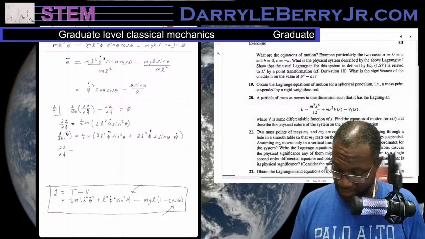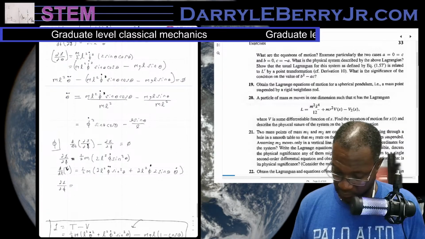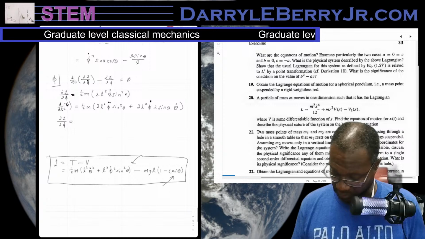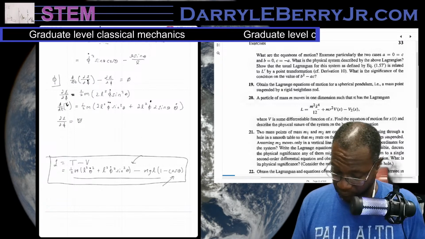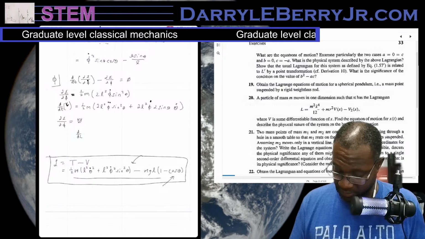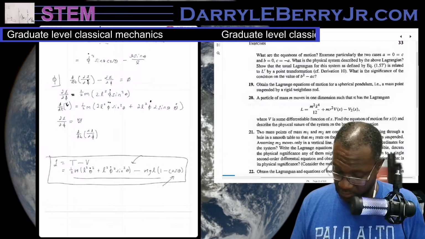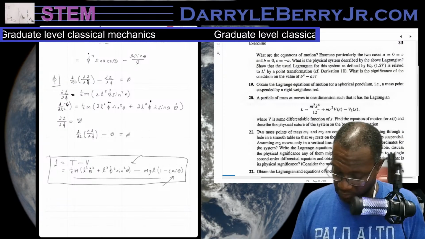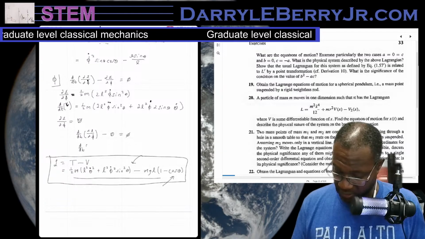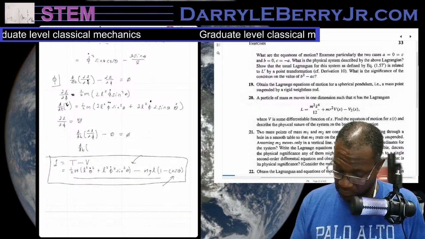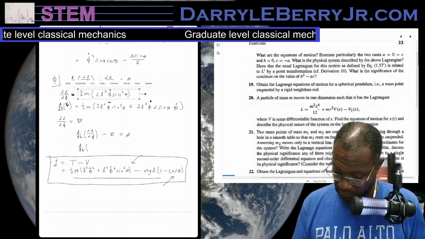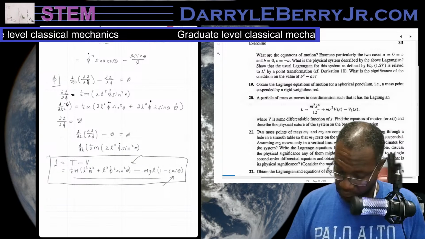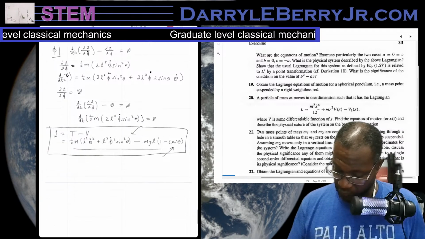Partial L partial phi equals, scroll it down, there is no phi up in there. So that equals 0. So that means d dt partial L over partial phi dot minus 0 equals 0. So d dt of this equals 0.